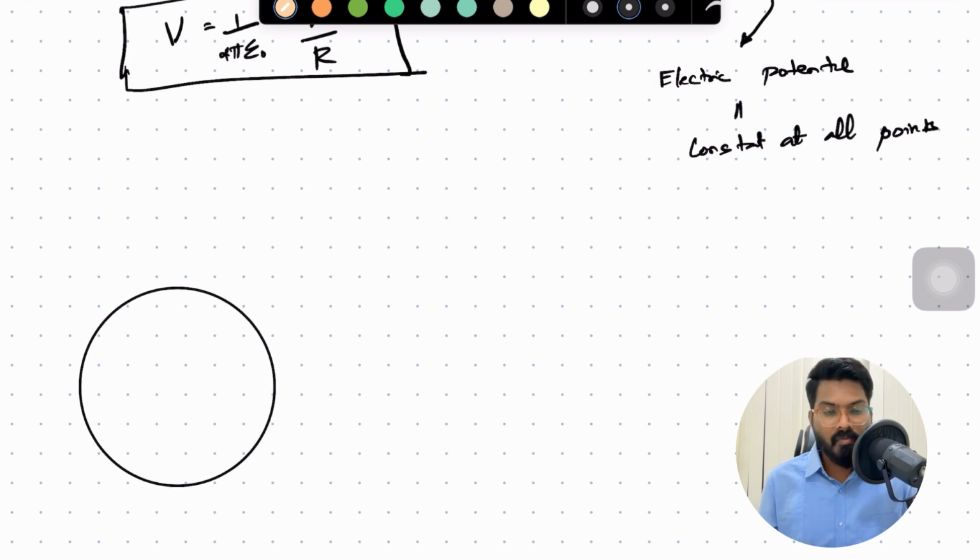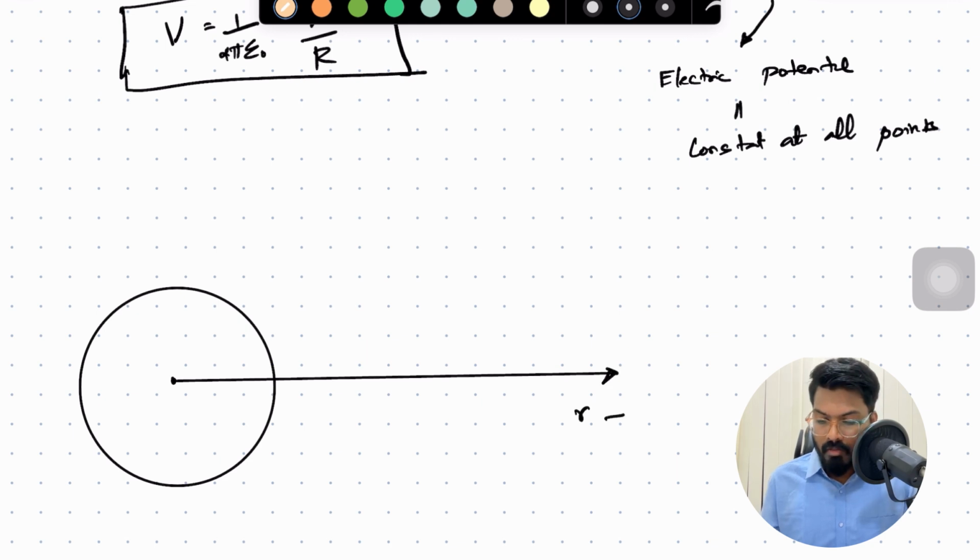Okay, so this is the spherical shell, this is the center. Now I'm going to see how the potential varies as the distance r increases. I'm taking that on the x-axis. I will take the potential on the vertical axis.